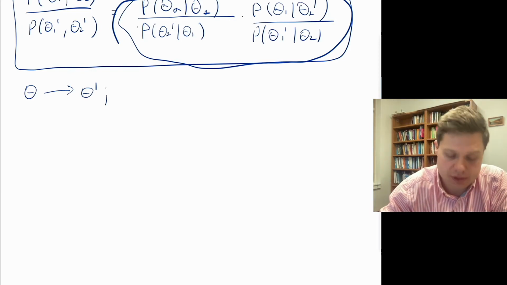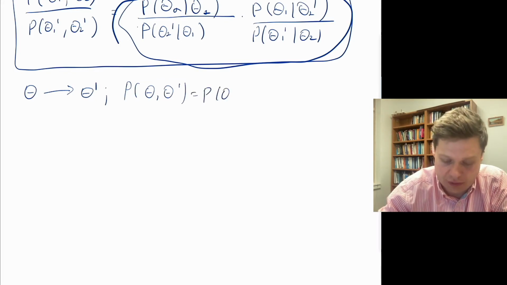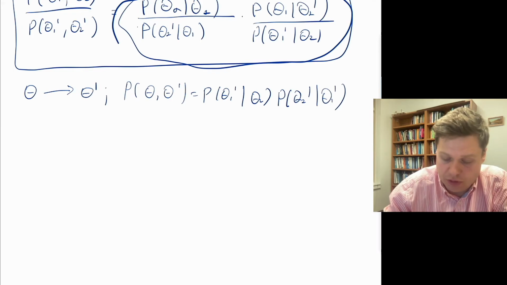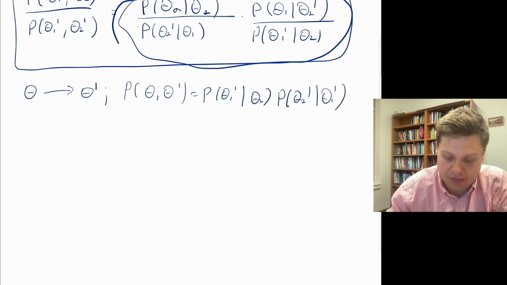larger set of variables. So then this transition kernel, the joint density over those two states, is characterized by the conditional densities. So it's P of theta 1 prime given theta 2, and P of theta 2 prime given theta 1 prime. So you go into theta 1 prime given theta 2, and then you go into theta 2 prime given theta 1 prime.